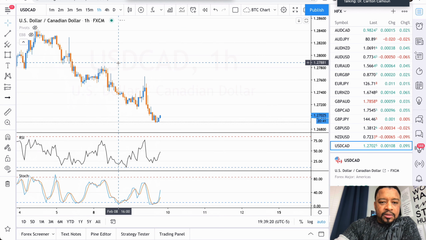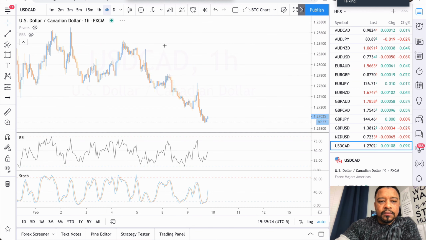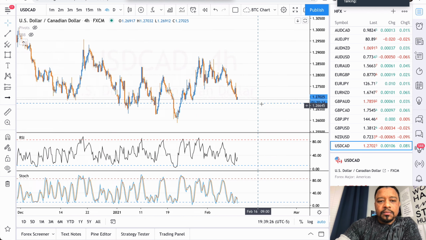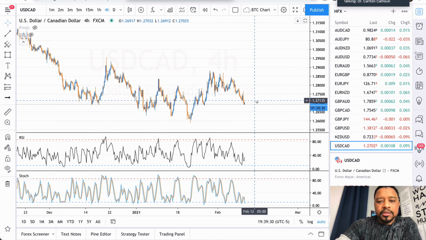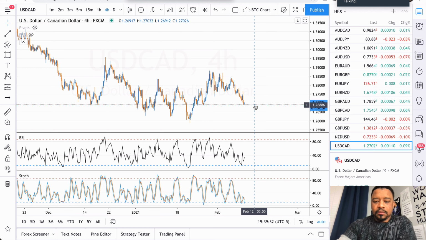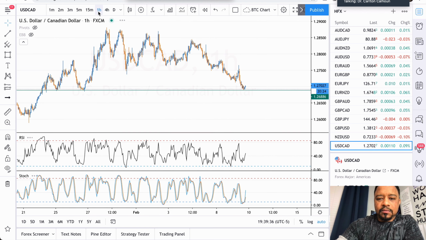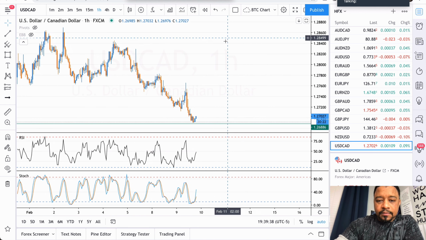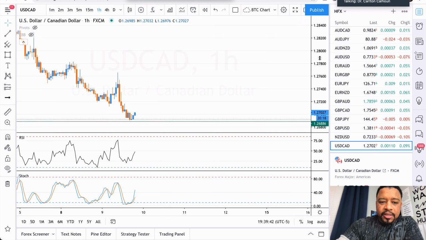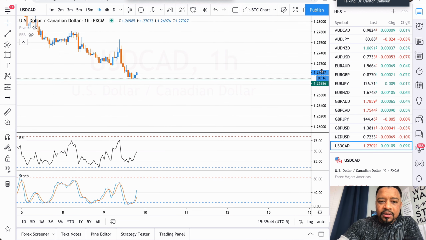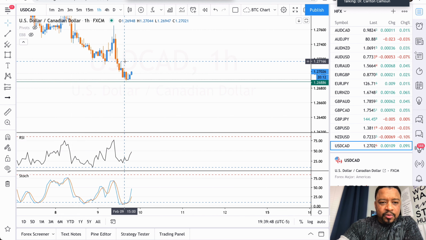Let's see what this is doing. So it's in consolidation. Right there. Let's drop down. So the next, on this one in particular, the next area I would be looking to take a trade because it's a downtrend would be right in here.